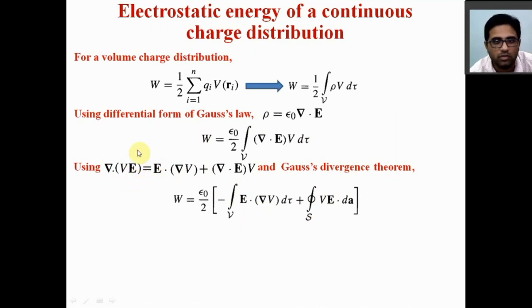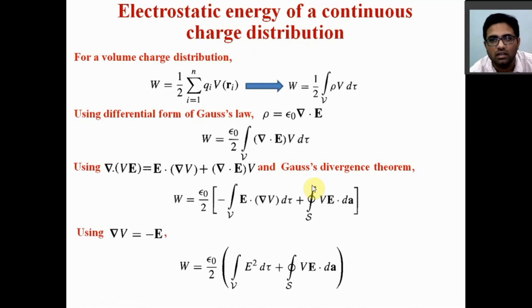So total volume integration divergence VE. Then we use Gauss's divergence theorem. Then we get closed surface integration V. Right? Now using the electric field is minus of gradient of potential, we get this form.